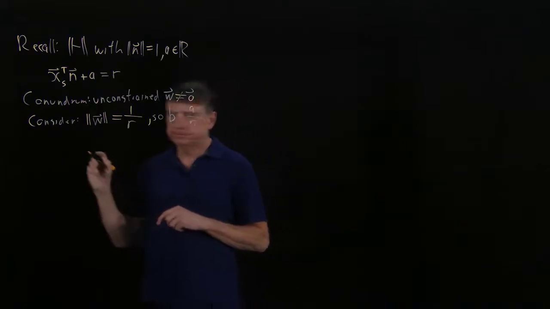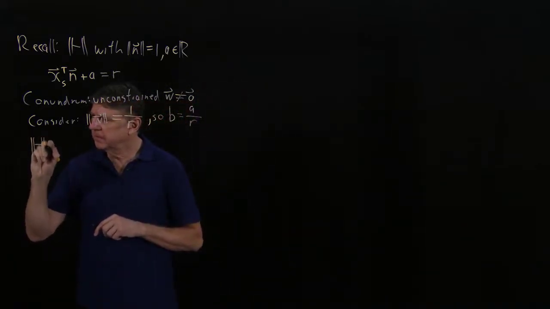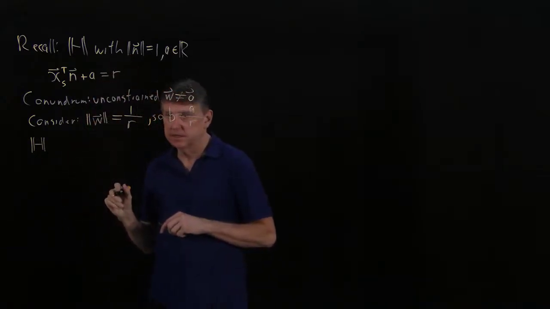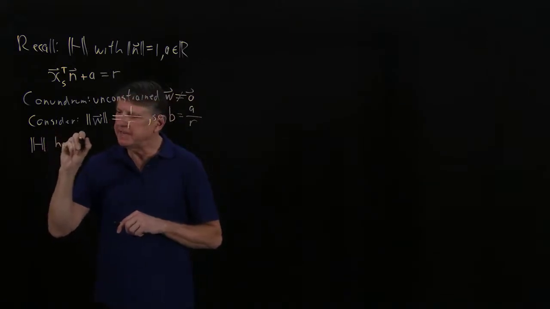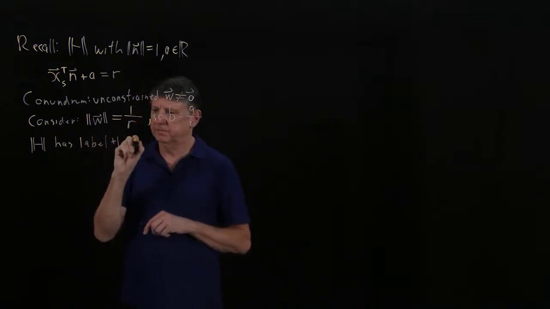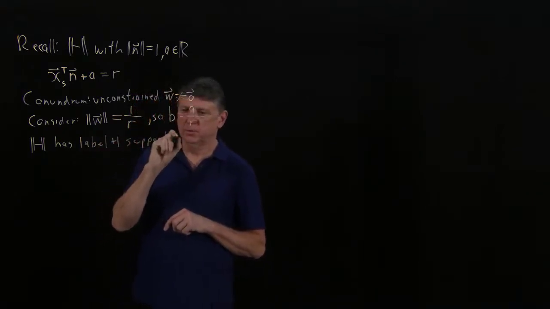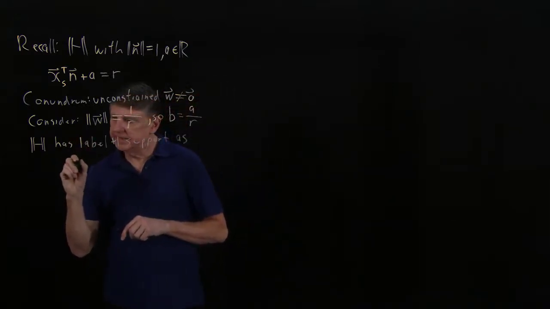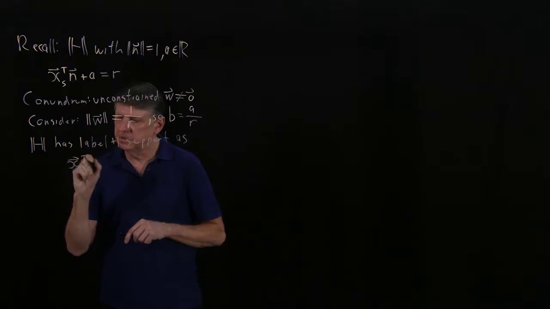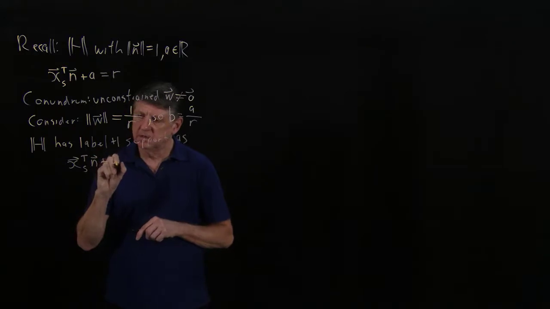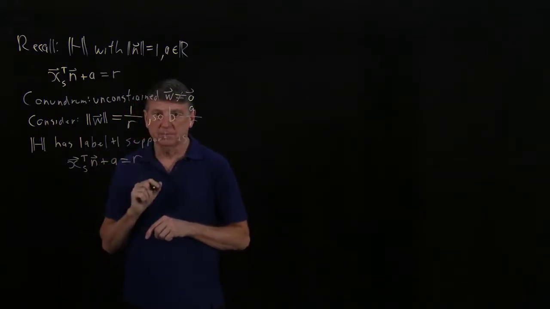So now the hyperplane, represented in either of these notations, let's be specific, has label +1 support. Specifically, the positive support vectors, x transpose times the normal plus the bias scalar, has to equal r.